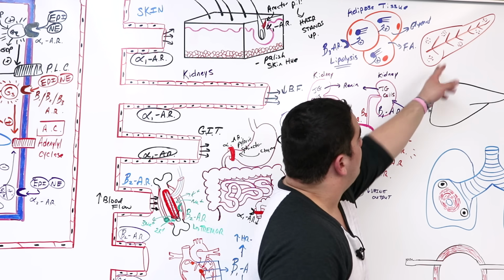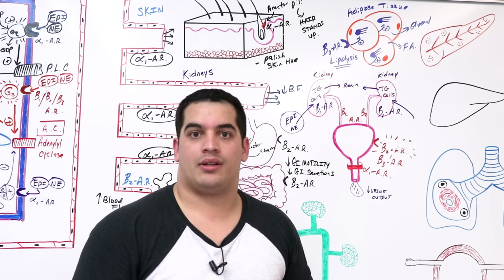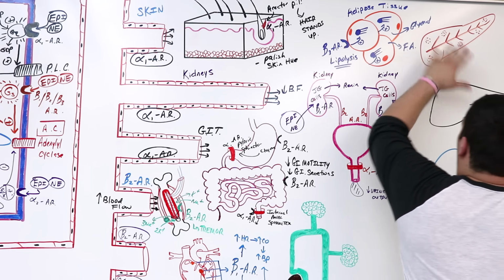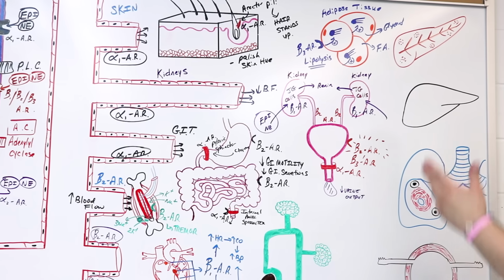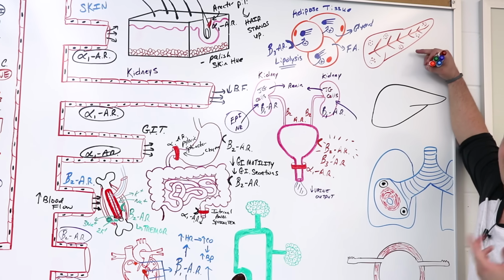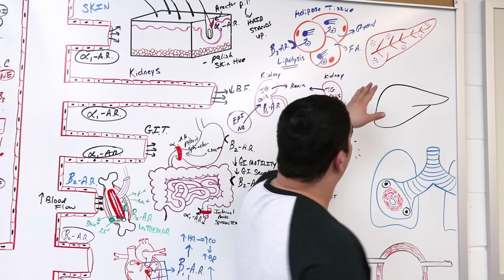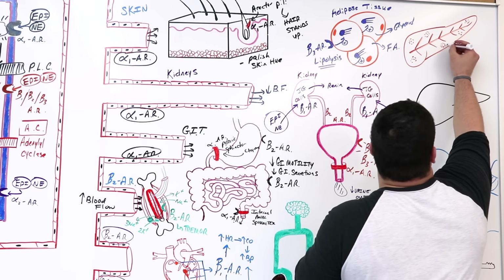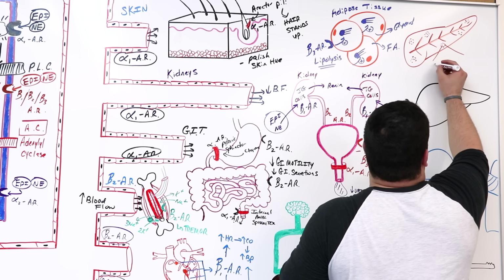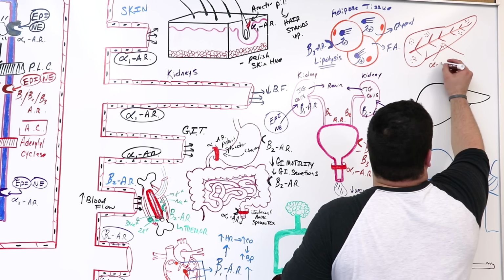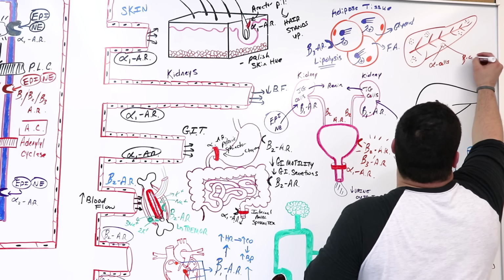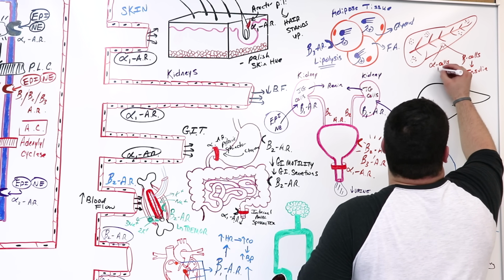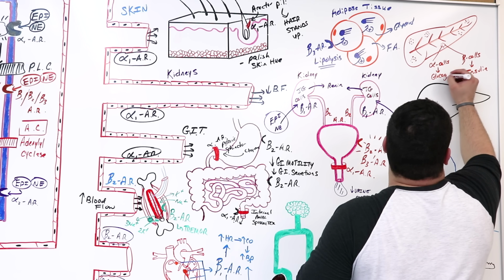Okay, let's come over to the pancreas. What about the pancreas? Well, there's two parts of the pancreas, right? You have the acini, which is important for the digestive juices, and then you also have the islets of Langerhans. Now, the islets of Langerhans, if you remember, we had this in an individual video in our endocrinology system. We have two different types of cells, right? Alpha cells and beta cells. The beta cells were the ones that released insulin, and the alpha cells were the ones that released glucagon.